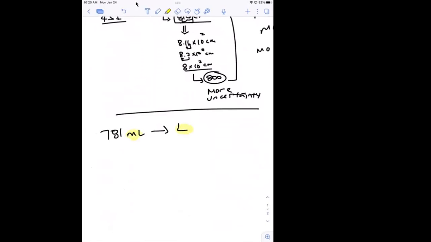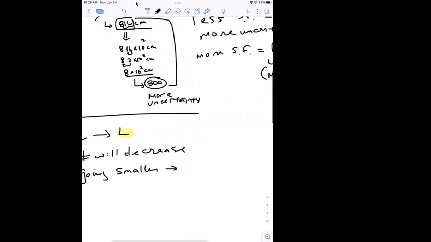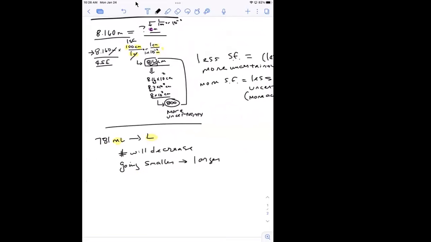So that number is going to decrease. So when you go from a smaller unit to a larger unit, your value is going to go down, right? If you go from a larger unit to a smaller unit, the value is going to go up.